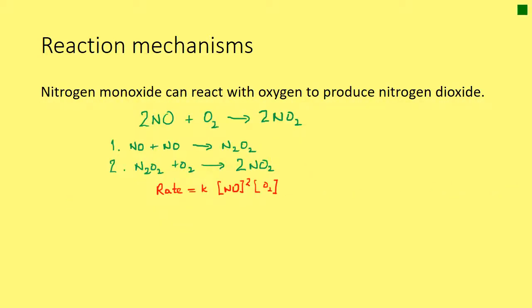So here's another example, and this is an interesting one, slightly more difficult. When nitrogen monoxide reacts with oxygen to produce nitrogen dioxide, the chemical equation is something simple like this: 2 nitrogen monoxide molecules plus 1 oxygen molecule react to make 2 nitrogen dioxide molecules.